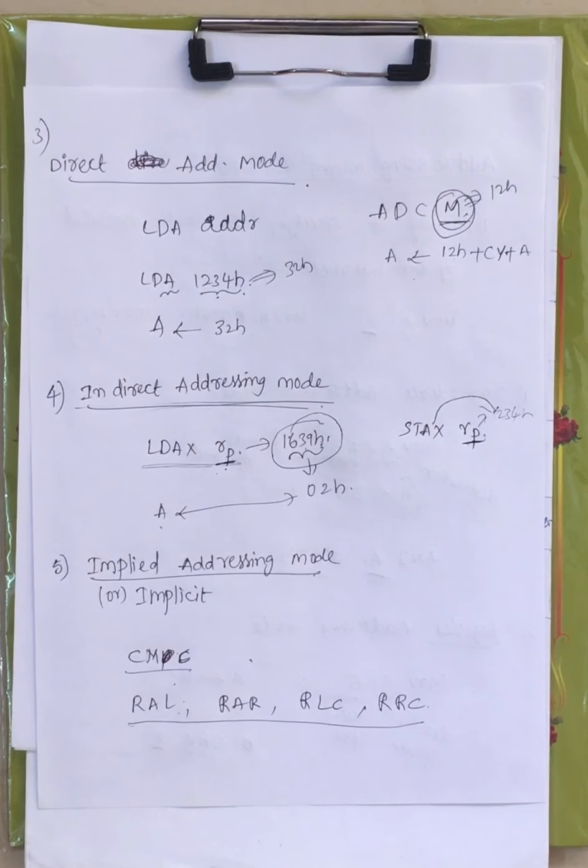On the left side you have to mention the instruction, and on the right side you have to mention which addressing mode that instruction comes under. I will give you this assignment by today evening, and you have to submit it by next week.